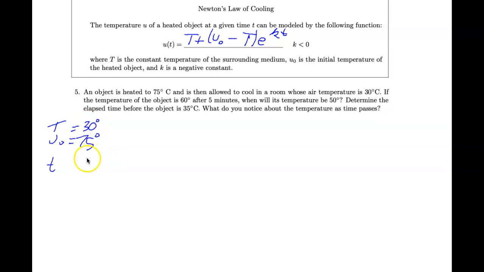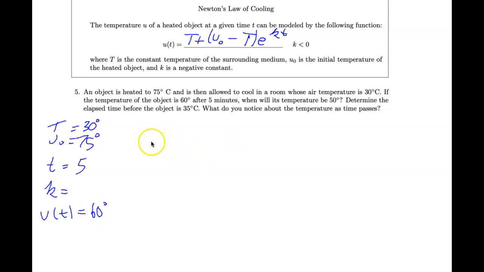When we read more information, we see that if the temperature of the object is 60 degrees after 5 minutes, that's actually going to allow us to find k. So this is going to be 5 minutes, and U of t is going to be 60 degrees.